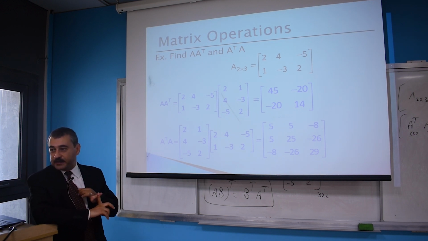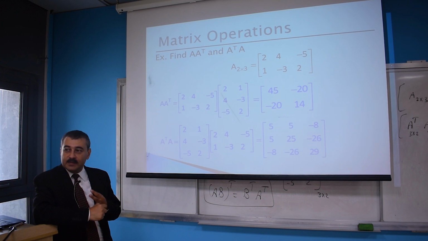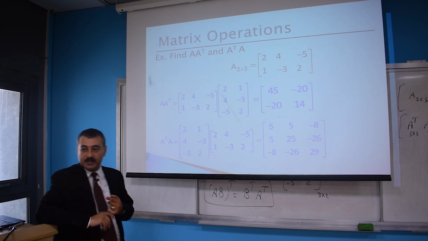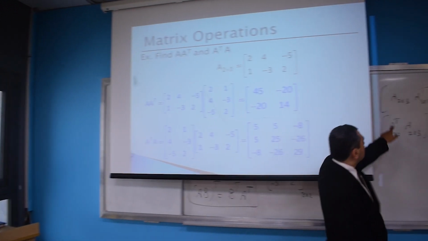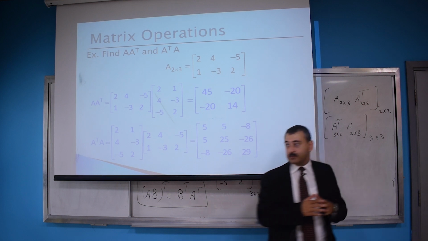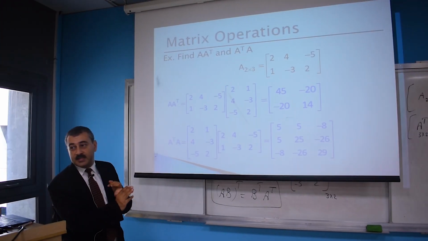First, they are not the same, okay? They are both square matrices. Always square matrices, right? Like in this example. 2 by 3, you're going to multiply by 3 by 2, you'll get 2 by 2. So they are both valid. They are both square matrices.